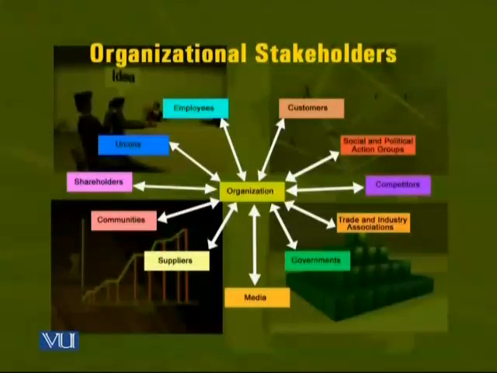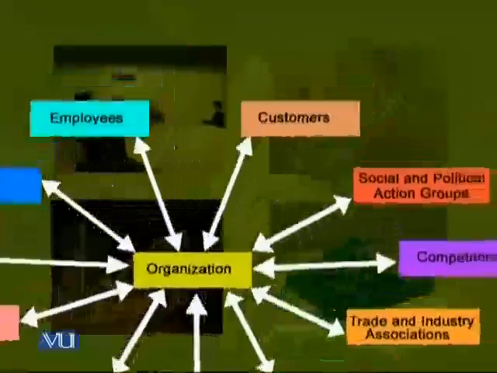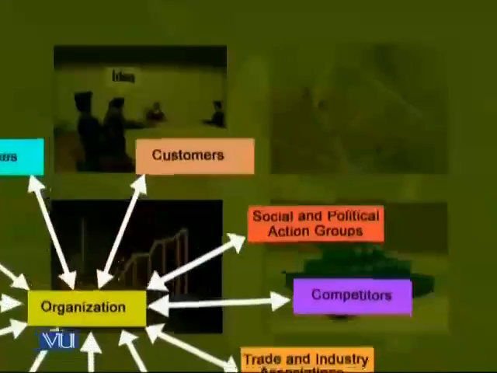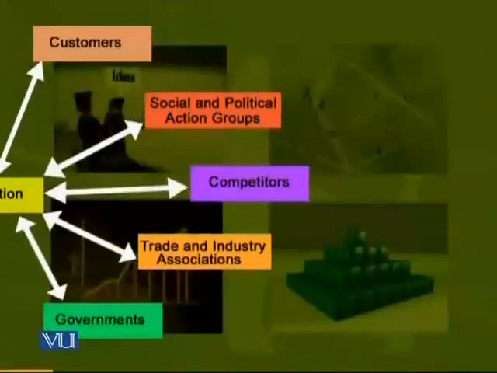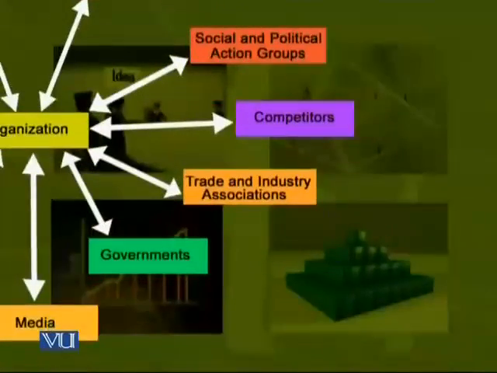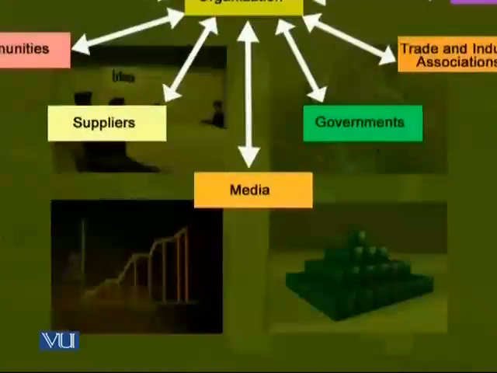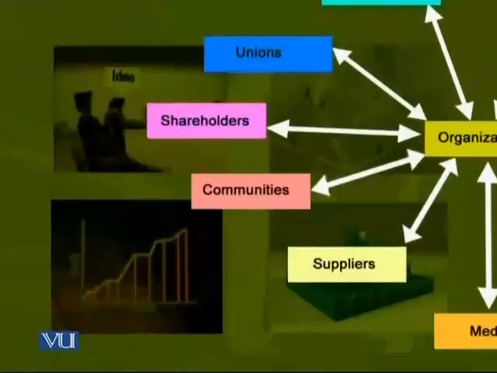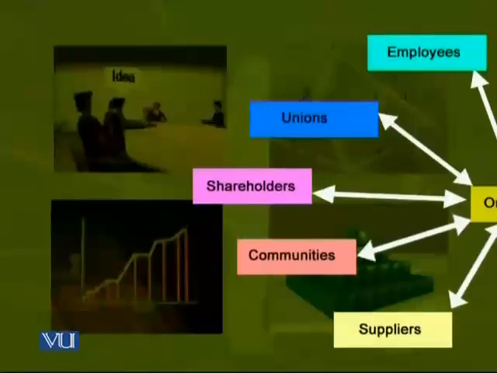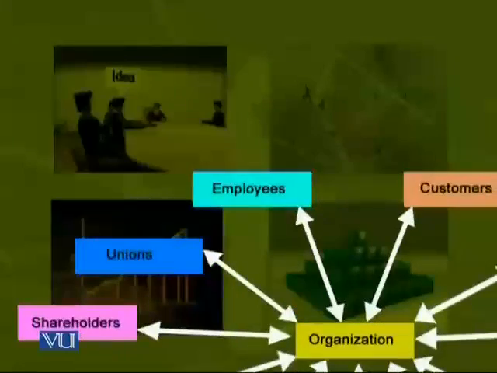Let's talk about the stakeholders of the organization. There are different types of stakeholders of any organization. They can be customers, social and political action groups, competitors, trade and industry associations, government, media, suppliers, communities, shareholders, very important, their own unions, employees, and so on.